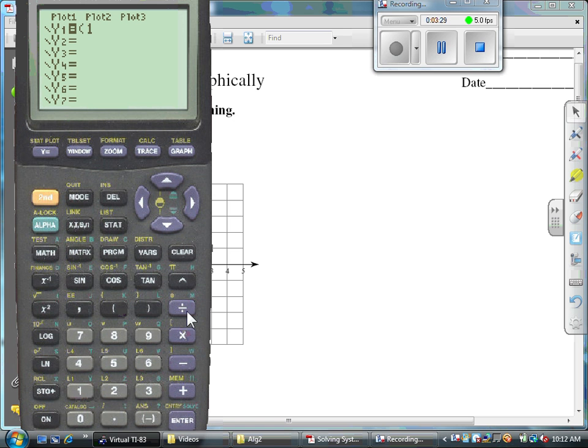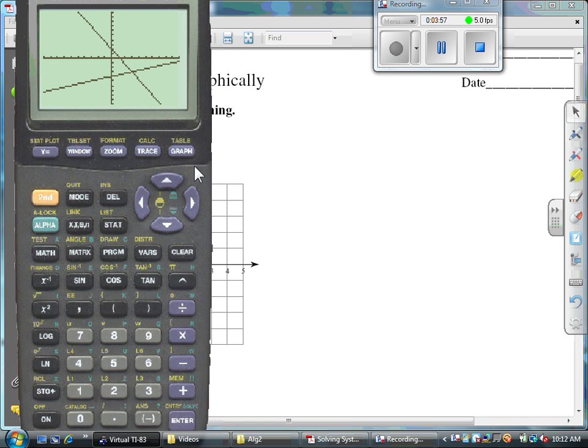So I'm going to put 1/3, 1 divided by 3 times x minus 4, and the other equation I had was, I believe, negative parentheses 5/3 x plus 2. Now if we graph this on the standard window, again we should see the point 3, -3 come up as their intersection. Now our graph looked very similar to this, so hopefully we're on the right track.